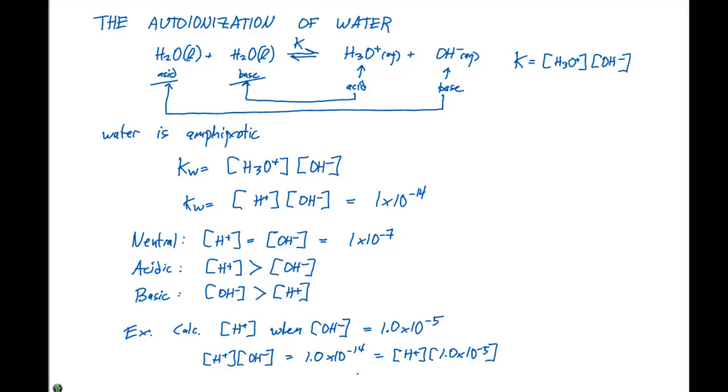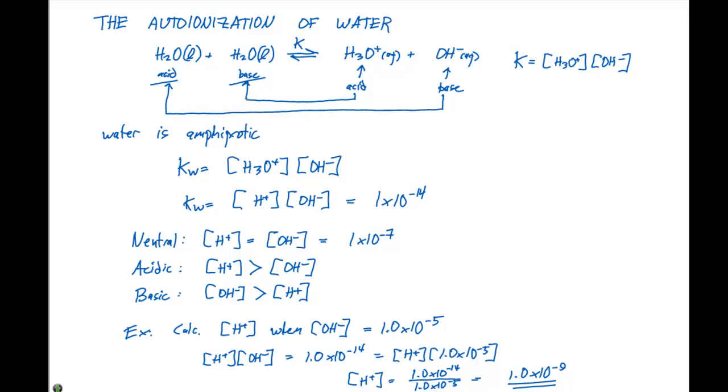So our concentration of H+ is going to equal 1.0 times 10 to the minus 14 divided by 1.0 times 10 to the minus 5, which equals 1.0 times 10 to the minus 9.